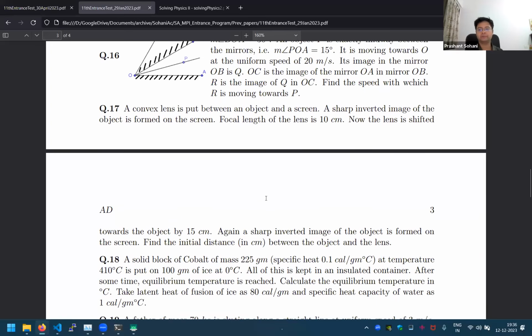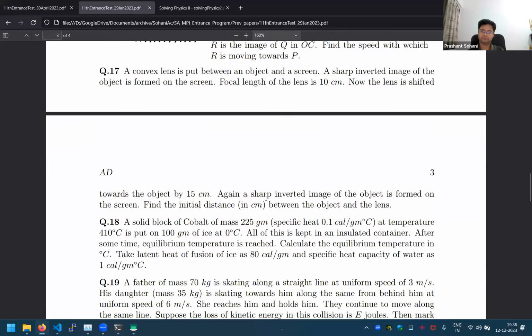Okay, question 17. For question 17, there is one important formula you should know. I don't know whether it is covered in the school textbook for all the boards, but do you know the relation between the distance of the original object and the image of the object?